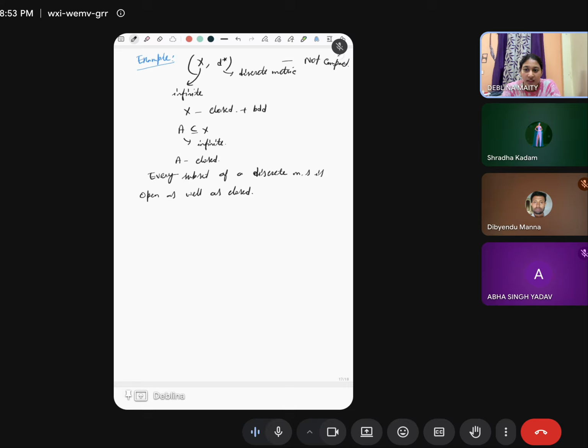But no infinite set can be compact for a discrete metric space, while a finite set is always compact.